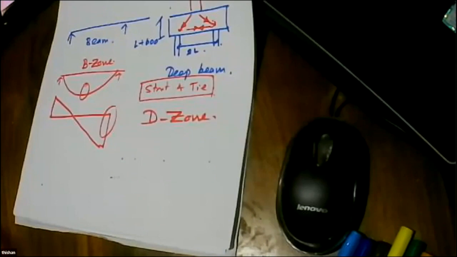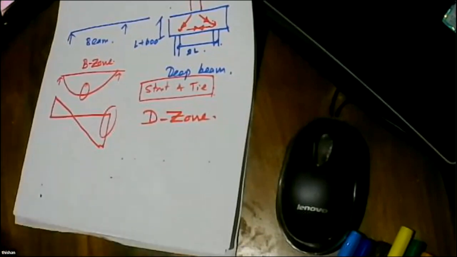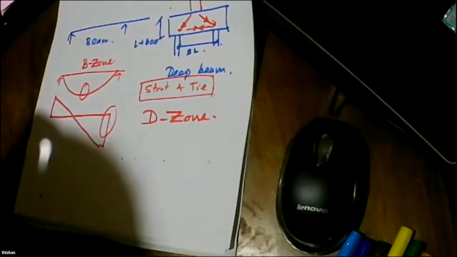But you have to understand that the theories that we are deriving here are applicable only when the flexure dominates. Flexure dominates, right? Not the shear dominates, right? Flexure is the one that is going to fail. The beam is going to fail in flexure, not in shear. So that's where we have to be a little concerned. But it's useful to know that there is something called B zone and D zone. B zone is where Bernoulli's theory is applicable.